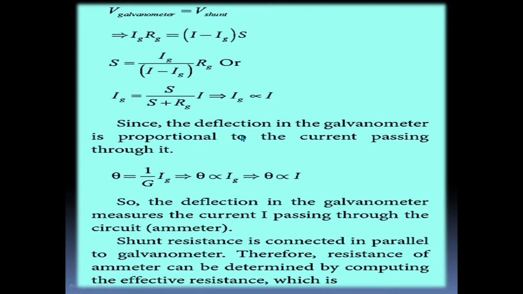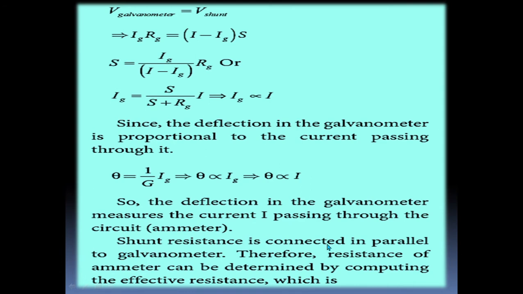Deflection in the galvanometer is proportional to the current passing through it. Already we know this formula: theta is equal to 1 by G into Ig, so theta is directly proportional to Ig. That means deflection of the galvanometer is directly proportional to the current. So the deflection in the galvanometer measures the current I passing through the circuit.